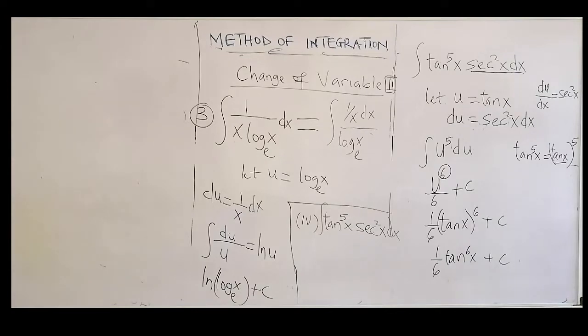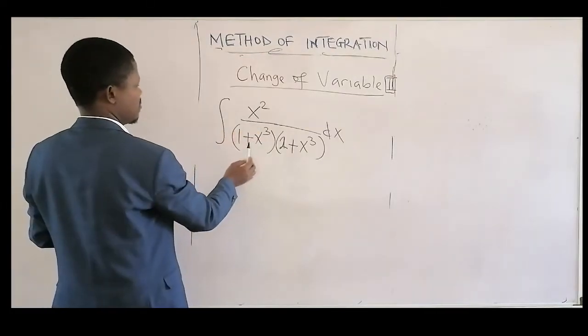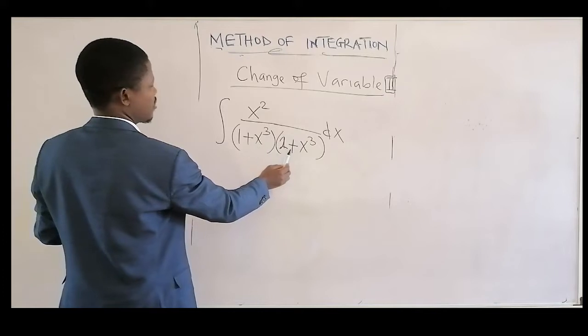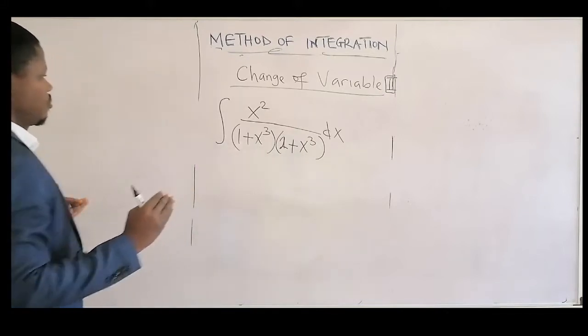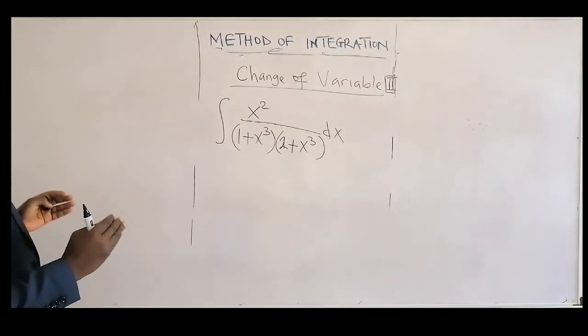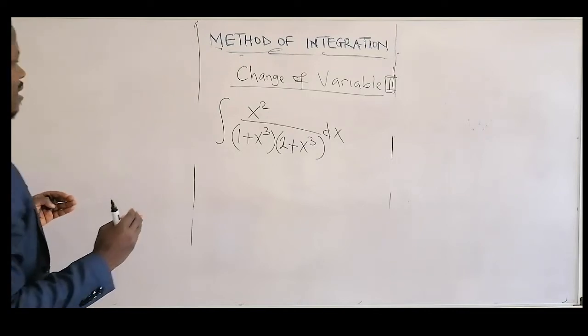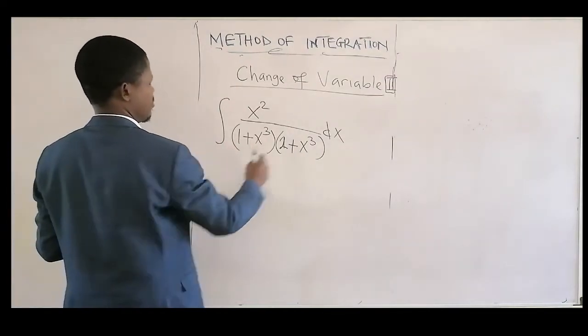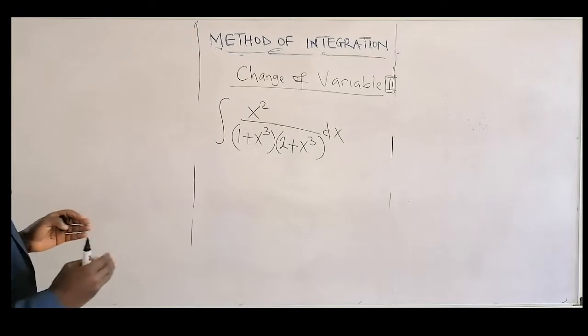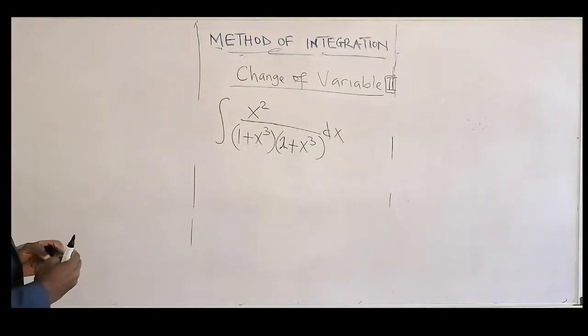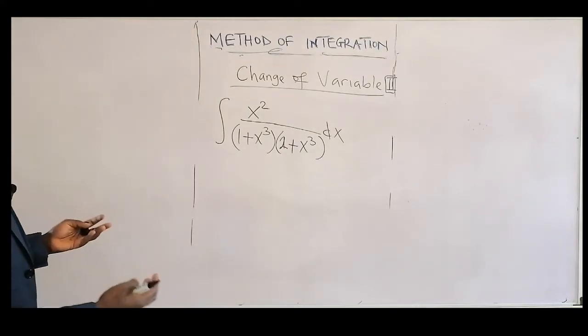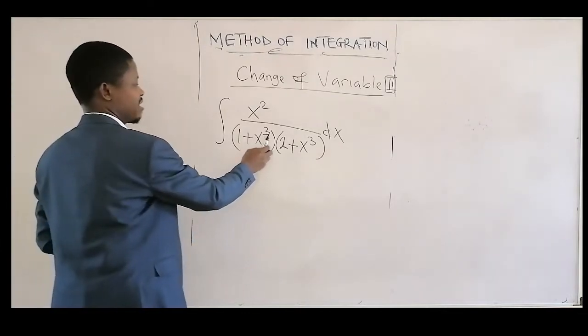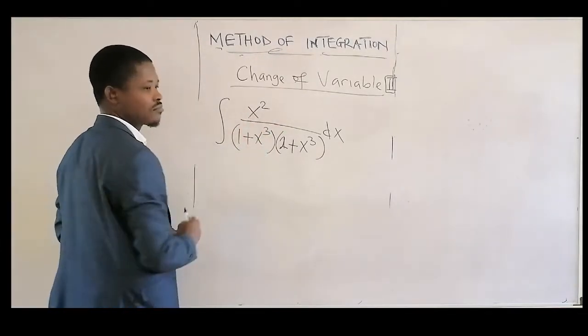This one: the integral of x squared over 1 plus x cubed, 2 plus x cubed. What you can do is try to picture the question. x cube is here, x cube is here. This common factor, we can make a substitution for that. If you make a substitution for that, the moment you differentiate your x to the power 3, you're going to have something like this.